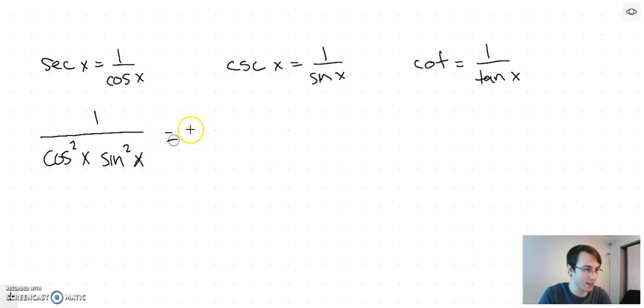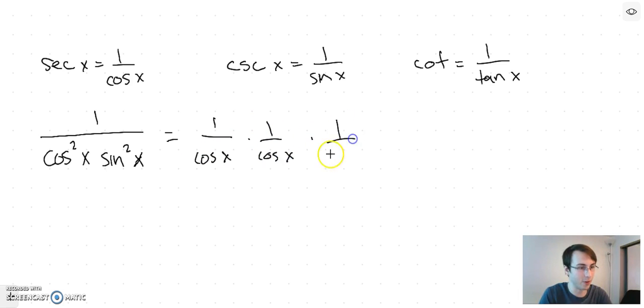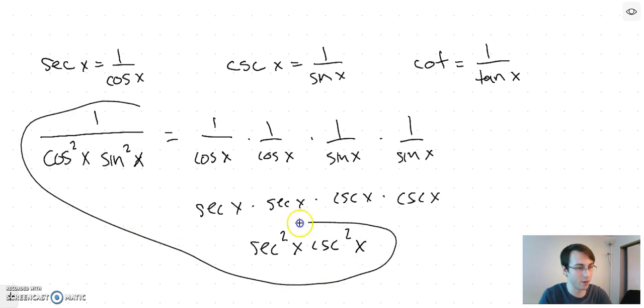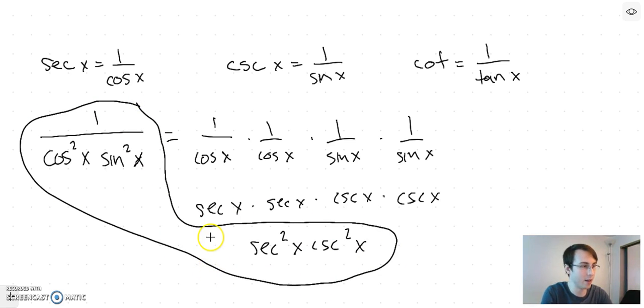We could write that as 1 over cosine x times 1 over cosine x times 1 over sine x times 1 over sine x. So these would all become secant x times secant x, then cosecant x times cosecant x. So secant squared x, cosecant squared x. These would be equivalent ways of saying the same thing.